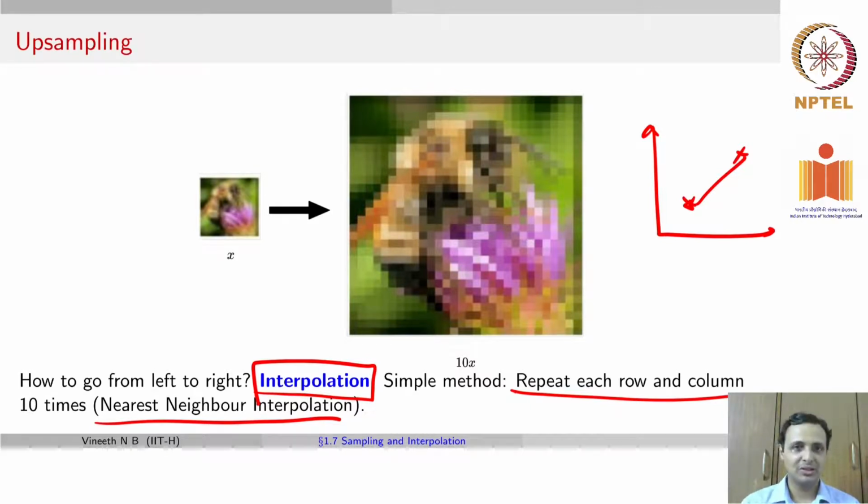Good news, your resolution goes up. Bad news, you're going to have such artifacts across the image, because you took several pixels and simply expanded them into blocks. How can we do better than this? Clearly, we do not want to upsample images like this and have a blocky effect in the upsampled image.